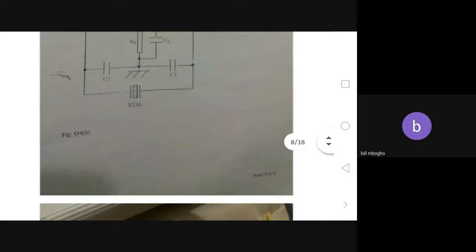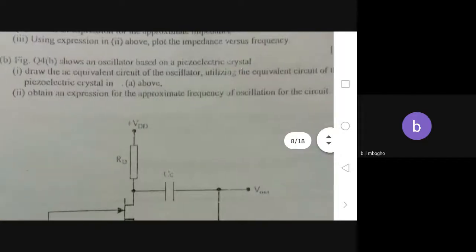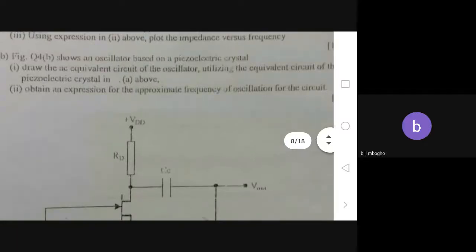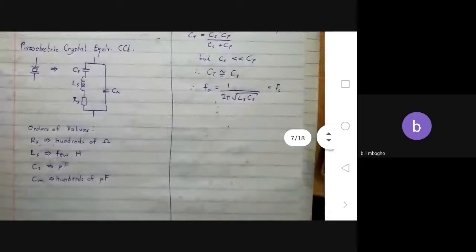And then what was the other part of the question? Obtain an expression for the approximate frequency of oscillation for the circuit. So that again was this part, where you obtained f0 equals 1 over 2π root LC LS CS.